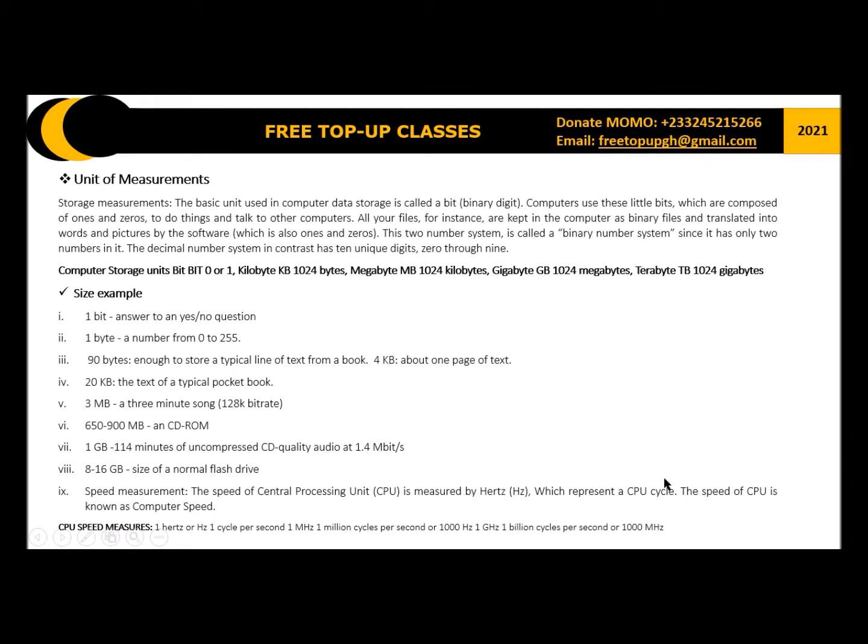So your own part is to just understand your hard drive or storage capacity when you are going to buy. If you want to buy a pen drive, you can buy from 32 gig to maybe 164 gig or whatever.